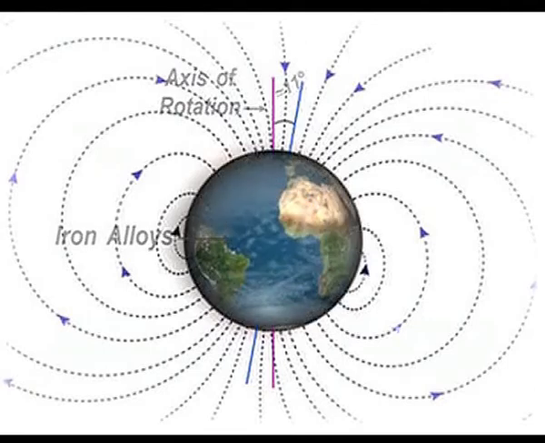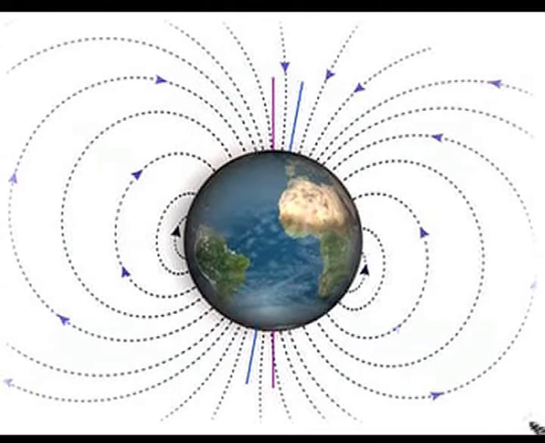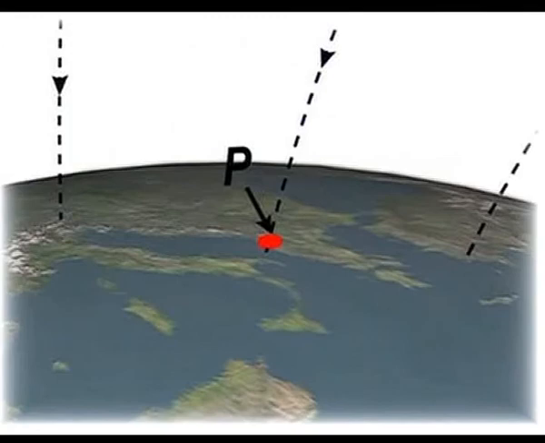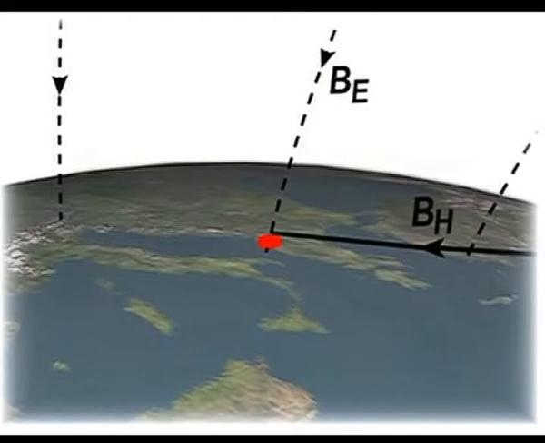Now in this situation, if we specifically analyze the direction at a point on Earth's surface, then in the northern hemisphere, let's consider a point P, and if we just zoom into the picture, here we can see at point P, the direction of Earth's magnetic field is going into the Earth's surface at an angle theta with the horizontal. If this is Earth's magnetic field BE, it will have one component BH, horizontal, and another component BV, that is vertical.